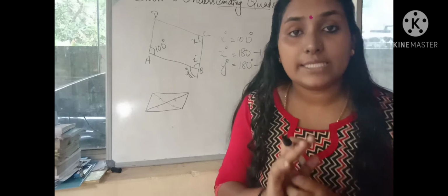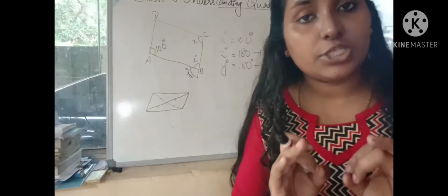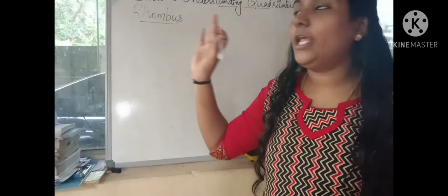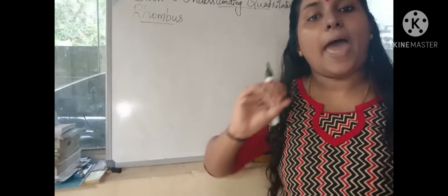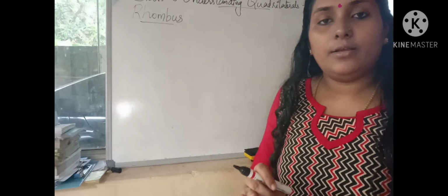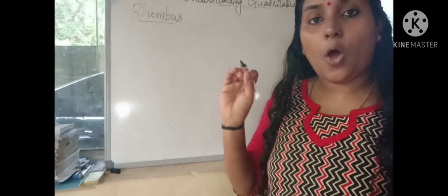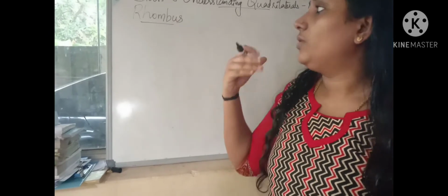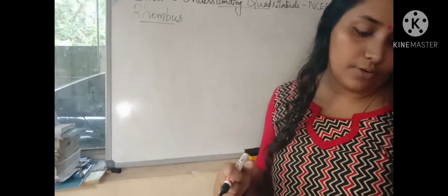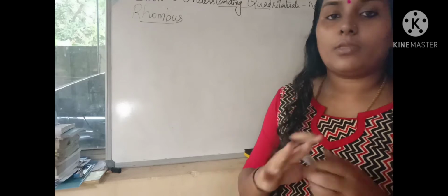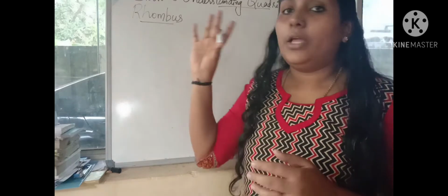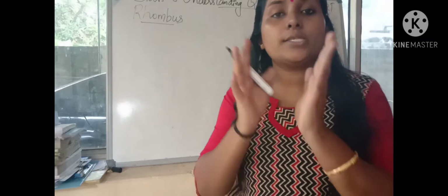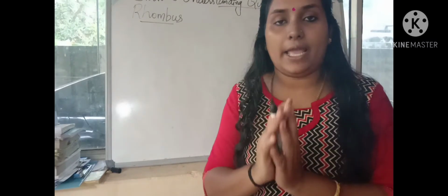Let us see some special parallelograms. The property of a rhombus is that it is a parallelogram, and some properties are similar to the kite as well as the parallelogram. A rhombus has all the properties of a parallelogram and a kite.